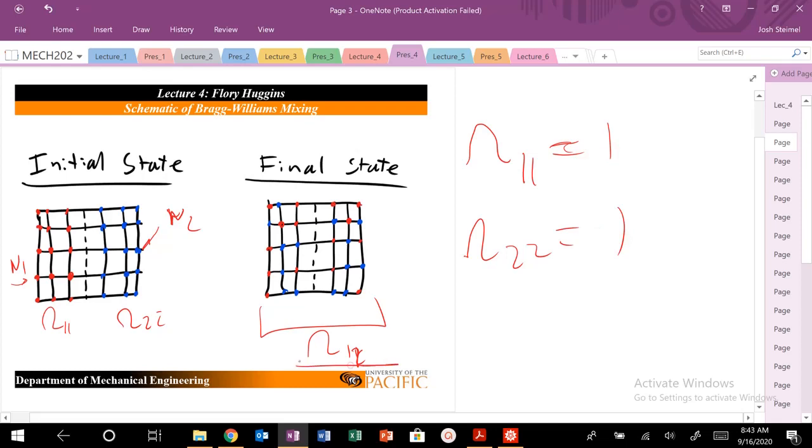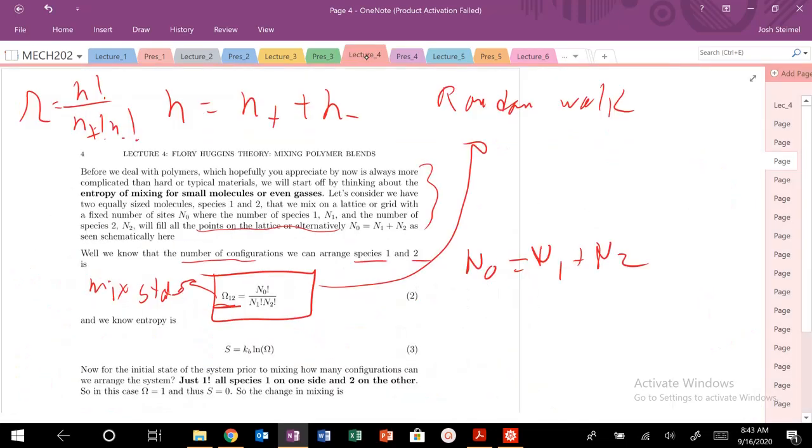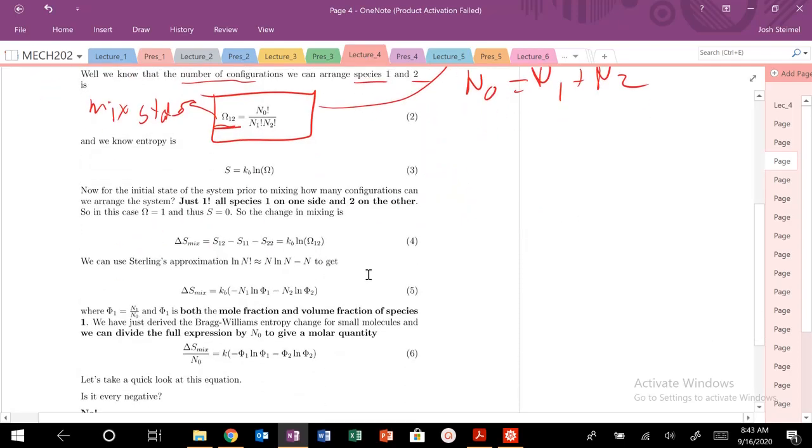And we just saw previously how we could calculate the number of configurations for our mixed state, which is this right here. And we know from our Boltzmann expression that we could relate the configurational entropy, and again, not the conformational, so this is a little bit distinct but similar to the conformational entropy of your polymer, to the number of configurations, and it's just related to this equation. So we know, what is log of 1?